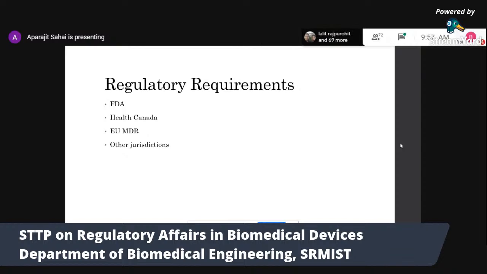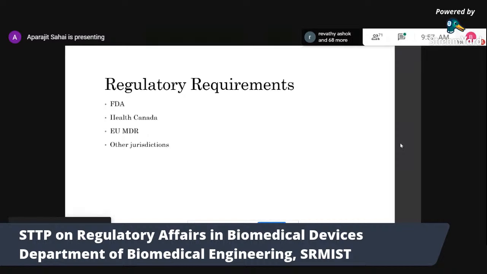Health Canada, I'm not really going to cover Canada. I'm going to skip over that because I don't have much time left. But essentially, requirements in Canada are very similar. They've taken something from the US, something from the old MDD, and their regulations are evolving as technology progresses.